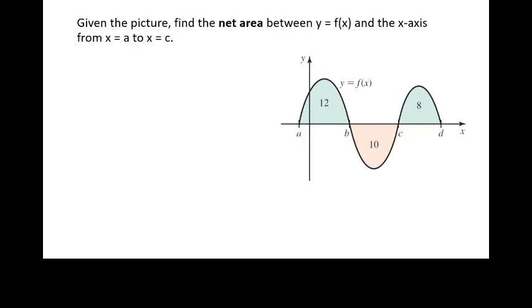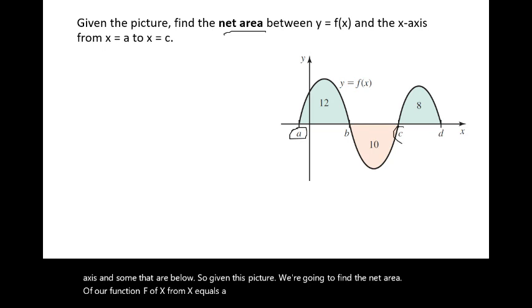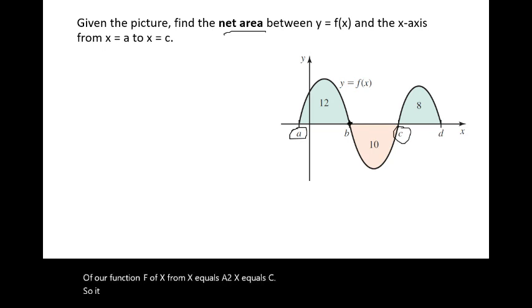So for example, for this diagram right here, we obviously have some areas that are above the x-axis and some that are below. So given this picture, we're going to find the net area of our function f of x from x equals a to x equals c. So it obviously breaks apart at b. So at b, it transitions from being above the x-axis to below the x-axis.